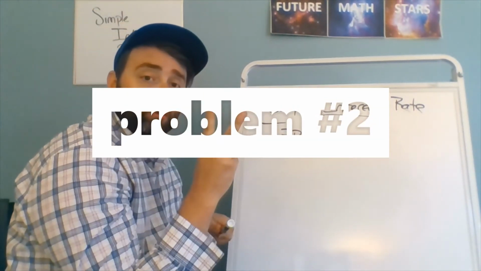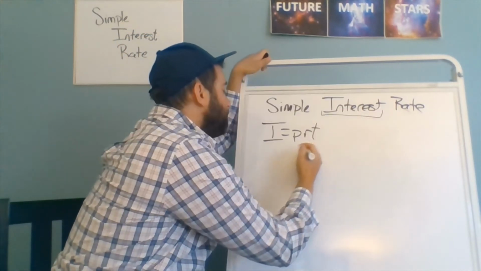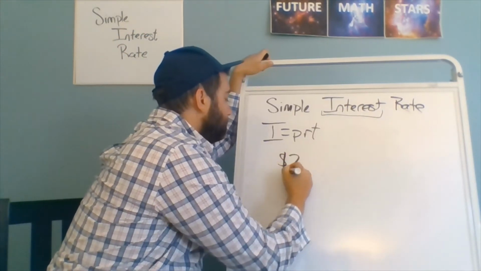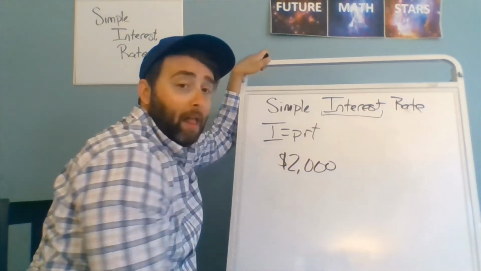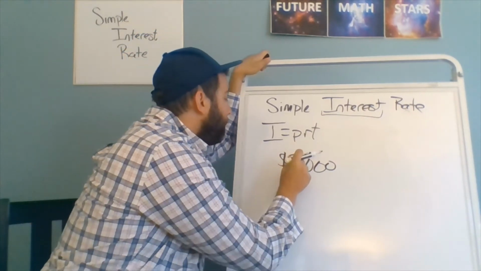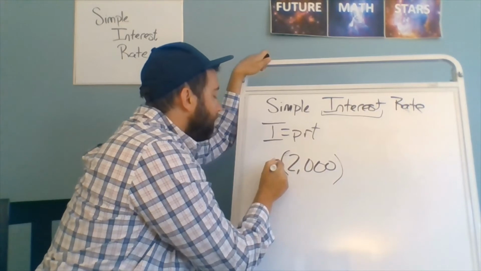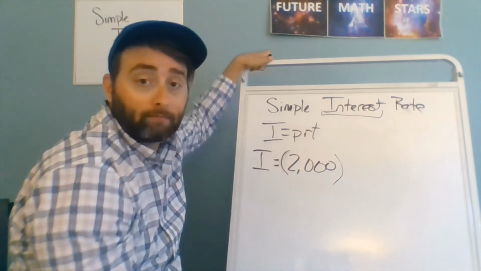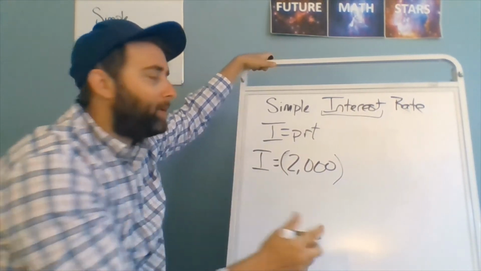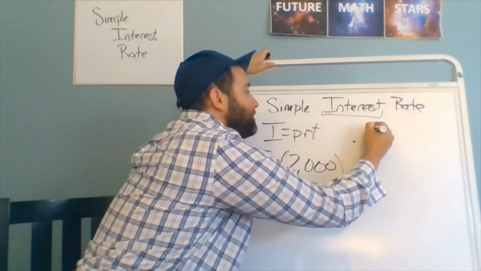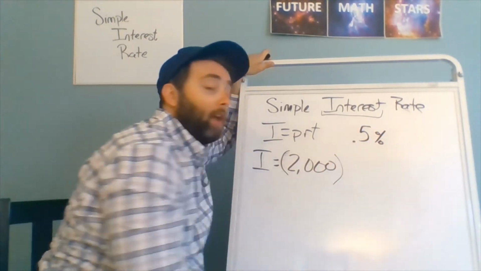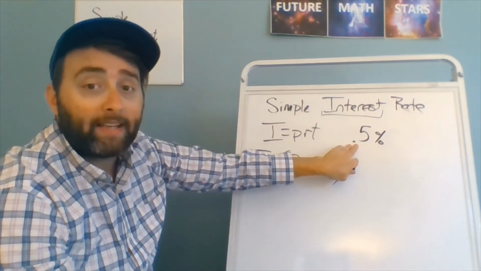Problem number 2. You're taking out a simple $2,000 loan. I'm going to erase this dollar sign. $2,000 loan. And here we go. This is what I want to make sure. You are taking that at a 0.5%. Now, this looks a lot like a decimal.